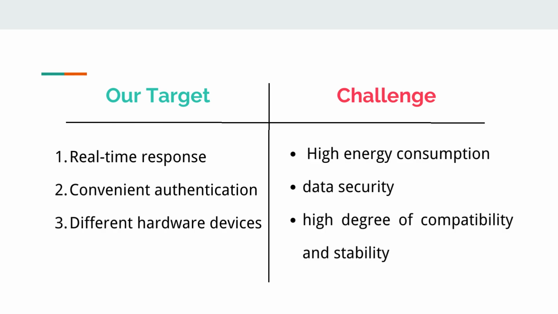raises an essential question: how can it efficiently recognize faces with limited resources? When we unlock our phone or use various apps, facial recognition processes a vast amount of data in a short time. This requires strong computational power and demands high performance from the device.